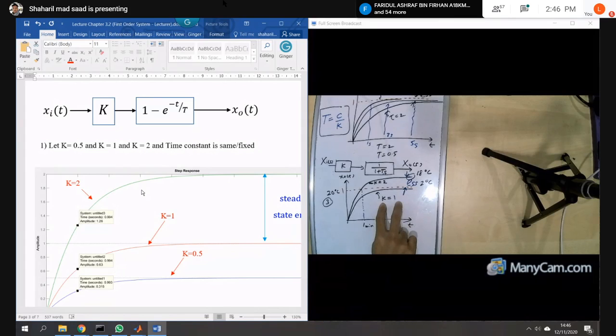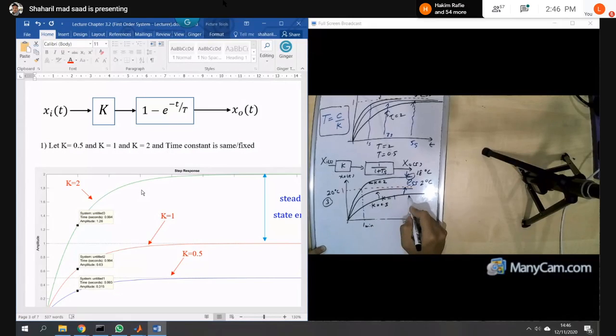So when you adjust the k, yes, you can make the response become faster. However, you will have a problem there, which we call overshoot. If you put k equal to 0.5, of course you also get a steady state error, but the response will be slow.